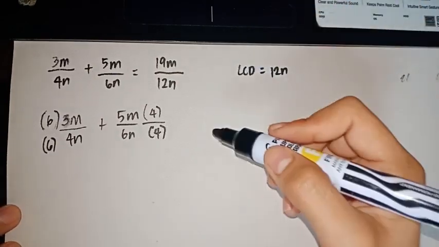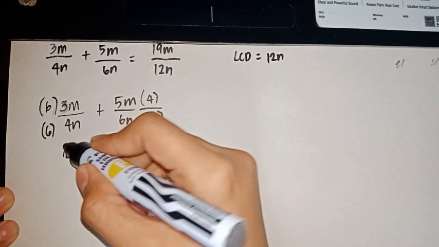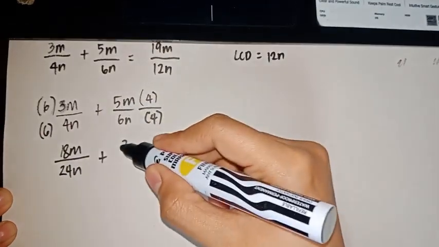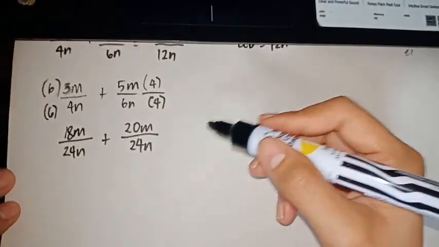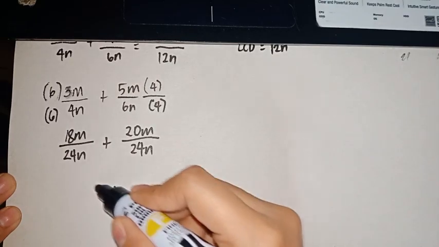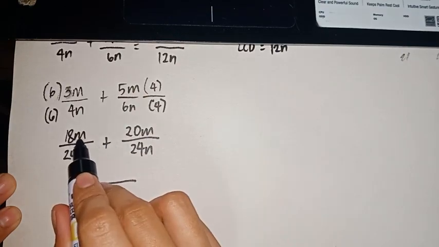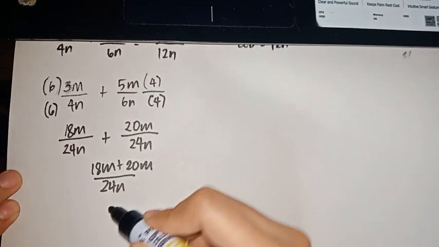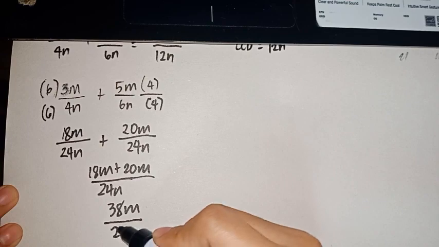Okay, so let's proceed. 6 times 3 is 18n, all over 24n, plus 5 times 4 is 20n, all over 24n. Now simplify. Since they are the same, copy. This is a similar fraction. Then we have common terms, 18n plus 20n, which equals 38n all over 24n.